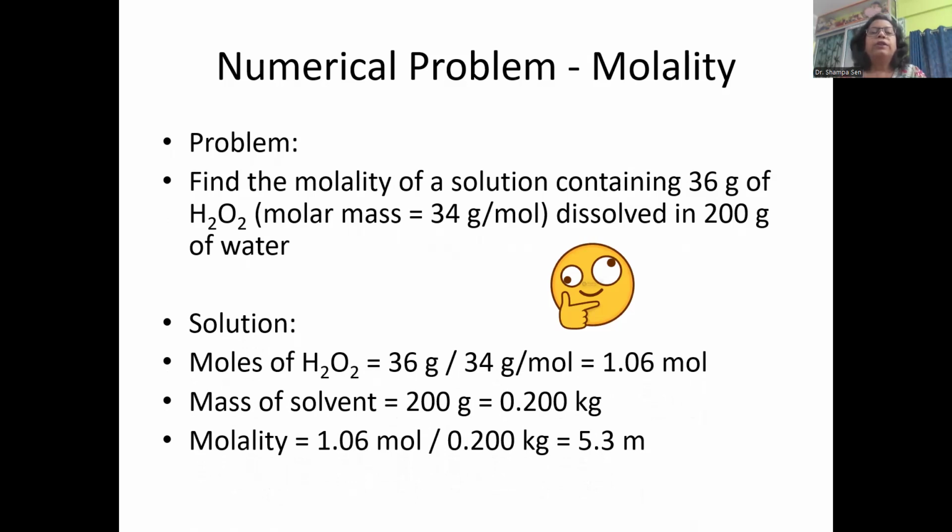So the solution will go like this: moles of hydrogen peroxide we first need to find out. That is 36 gram divided by molar mass 34 gram per mole. So 1.06 mole. Mass of solvent, 200 gram, converted to kg, that means we need to divide by 1000. So 0.200 kg. Molality, small m, is equal to 1.06 moles divided by 0.200 kg. That is equal to 5.3 molal.